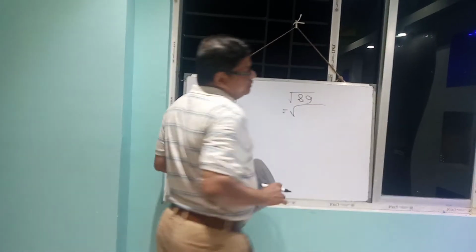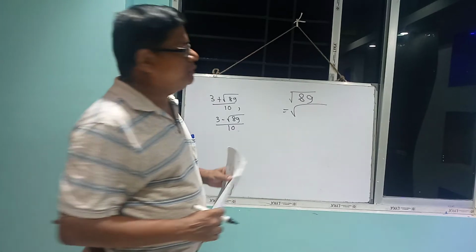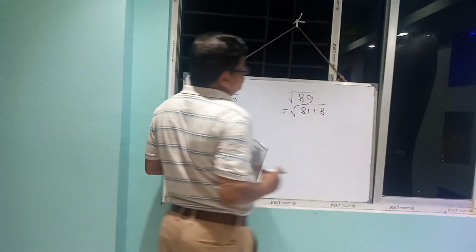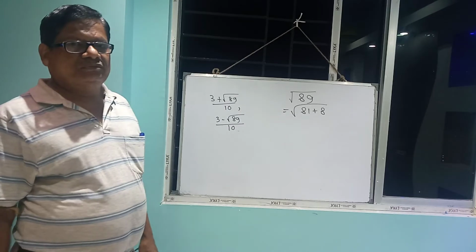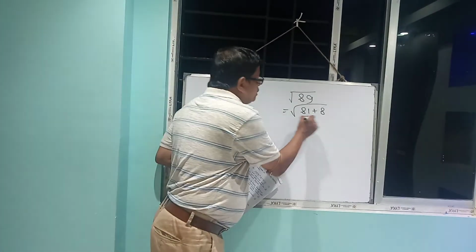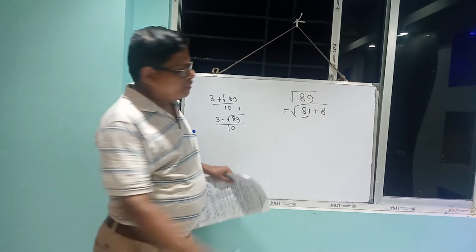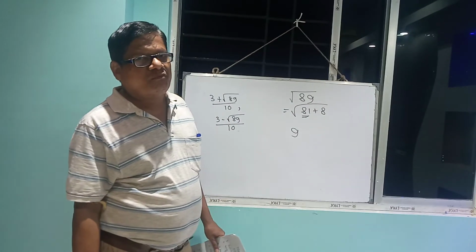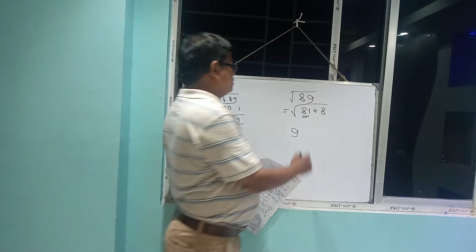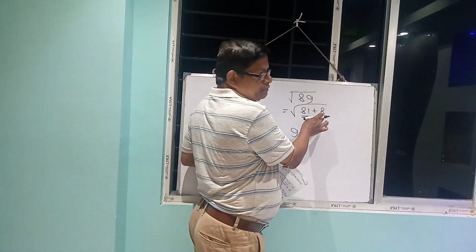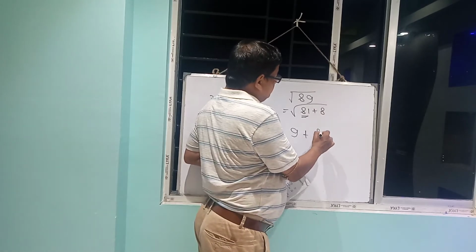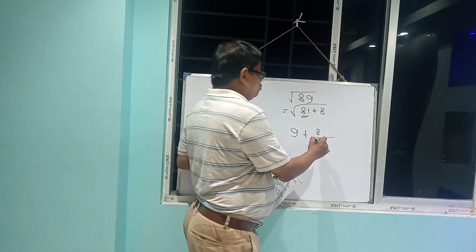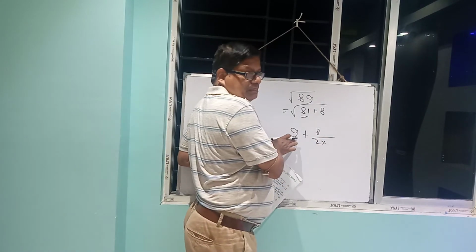The nearest perfect square number will be 81, no? So you can write 81 plus 8. Understood? 81 is whose square? 9 square is 81, so 9. Plus whatever is left, 8 by 1, 2 compulsory, 2 into whatever is here, 9.